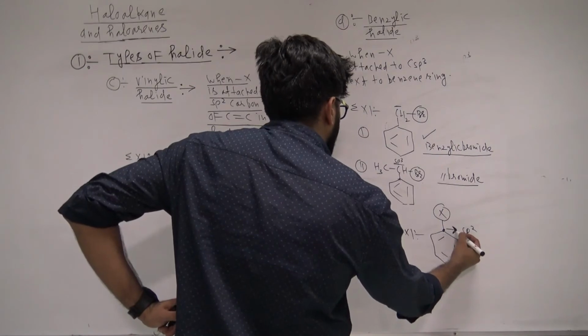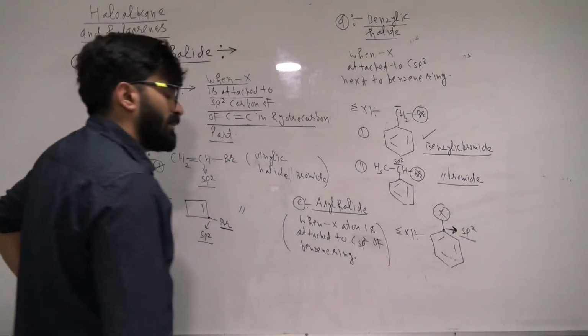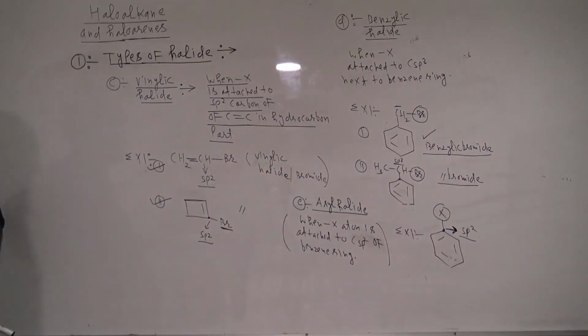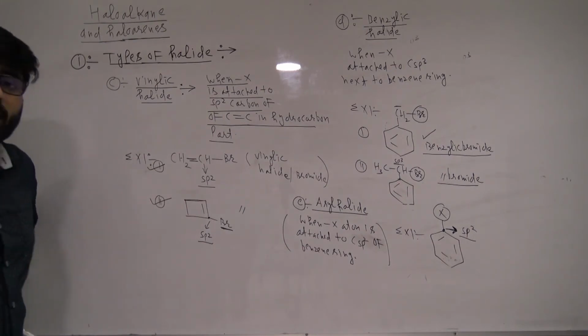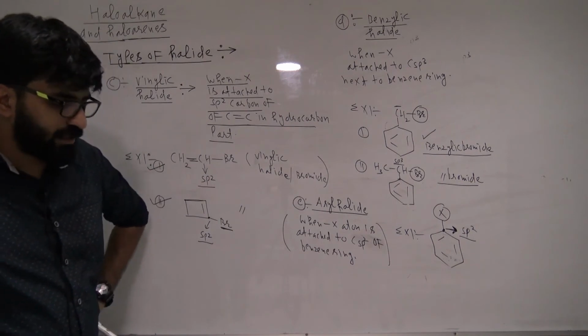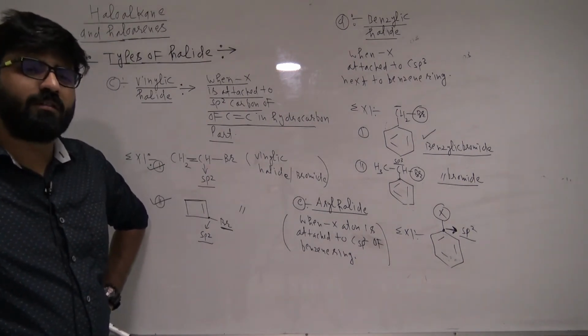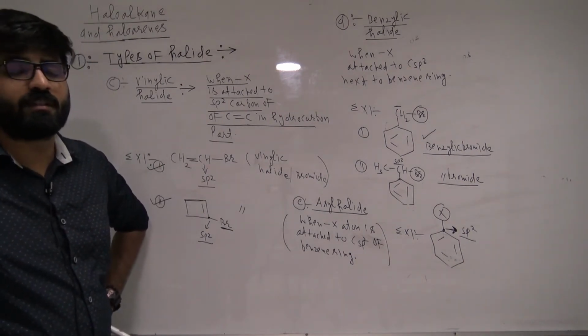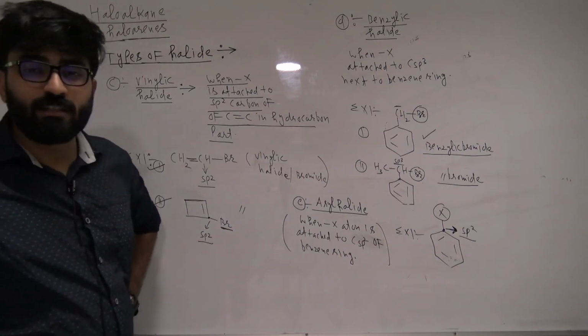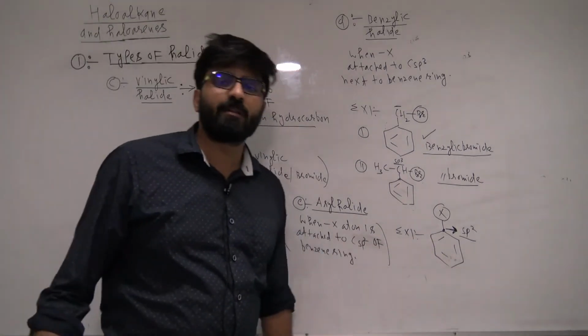You count sigma bonds, there will be no lone pair, sp2. Now you are like, sir, but it can be vinyl also. No, it would be vinyl if it were attached to the sp2 carbon of C double bond C, but right now it's not C double bond C. Few students are thinking it is C double bond C, but what do we call it?